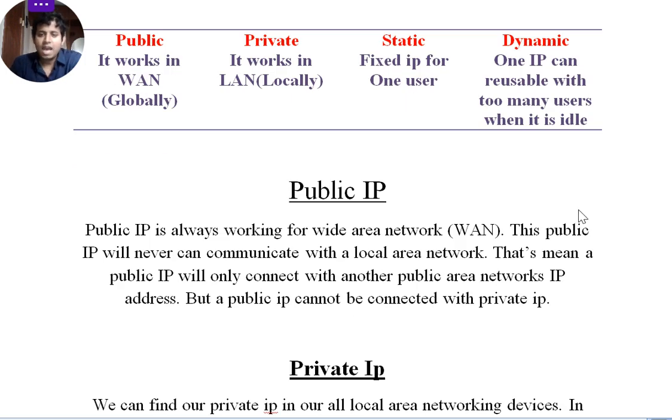Public IP is the IP that always works globally, not in a small area, and private IP always works in a small area, not globally. For example, I have this mobile.